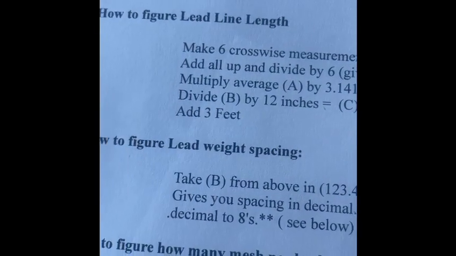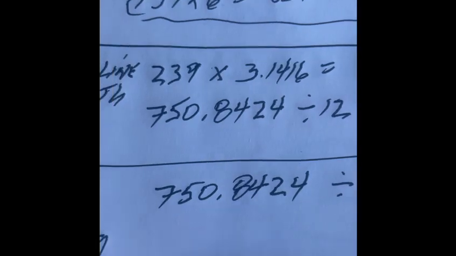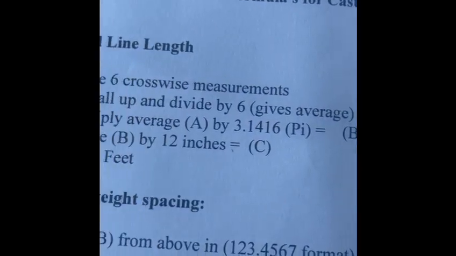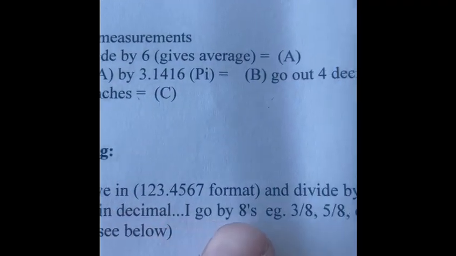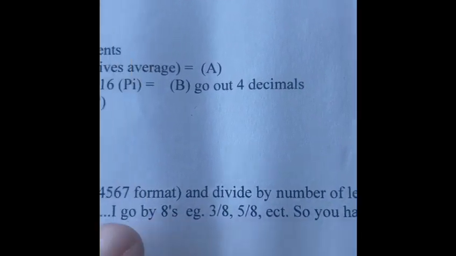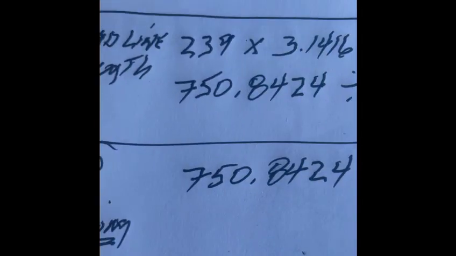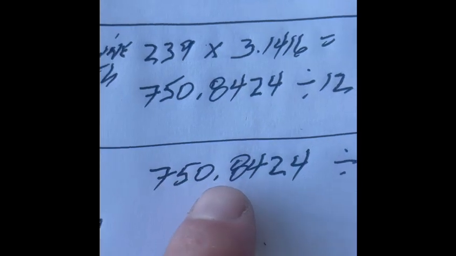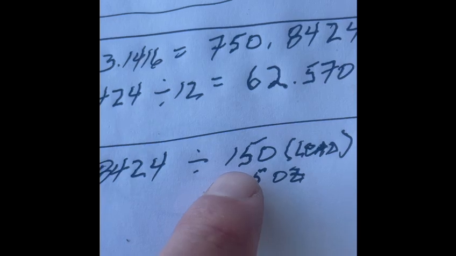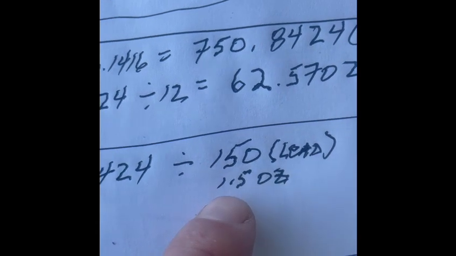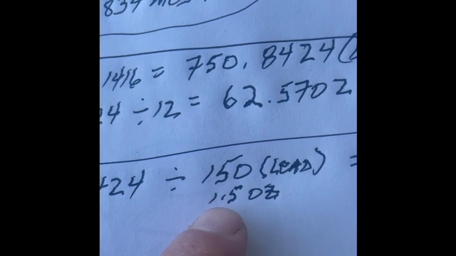How to figure lead weight spacing. So on this, we take B from above and divide by the number of leads. And that's going to give you the spacing. So we take 750.8424 divided by, I'm going to put 150 1.5 ounce leads on this net.